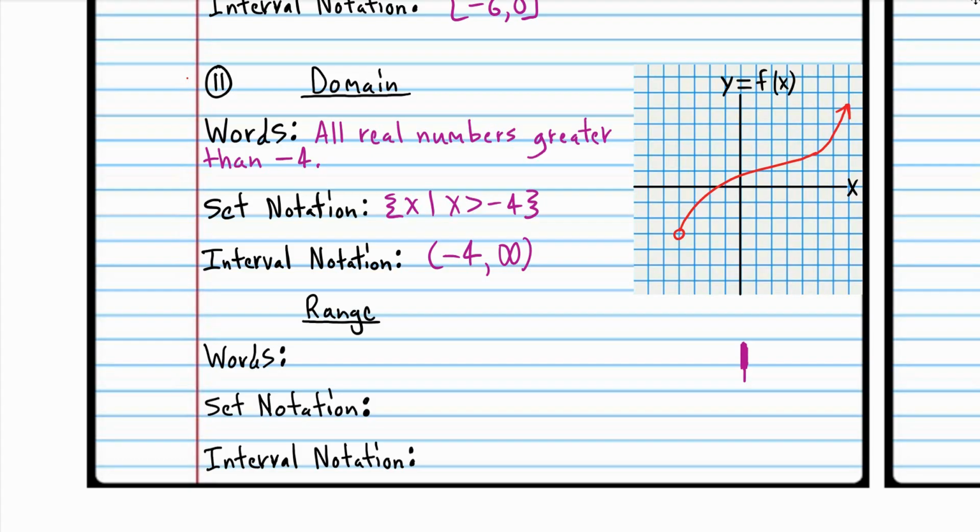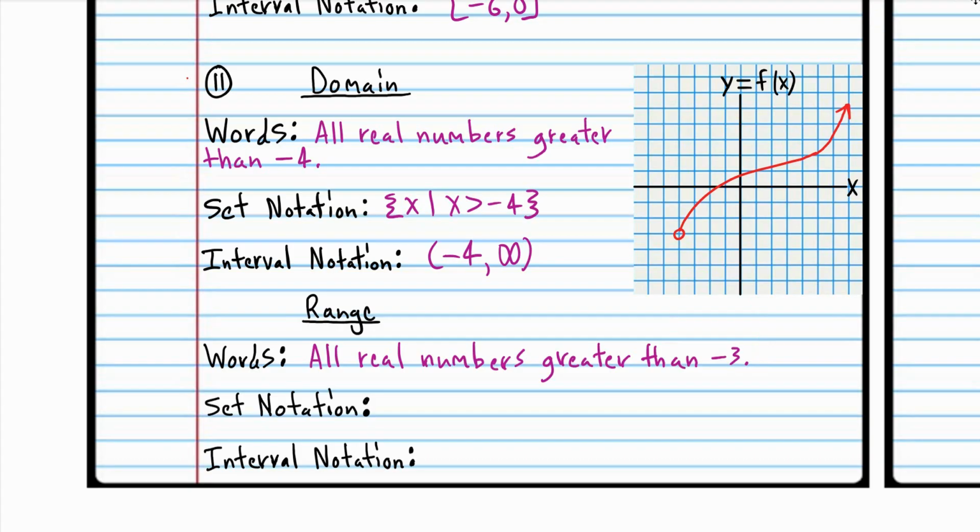Okay, so now the range can be determined if we consider the fact that this graph just keeps going up and up and up and up. So the range is all real numbers greater than -3. Why -3? Well, because the y value of this point is the smallest y value of the points on the graph.